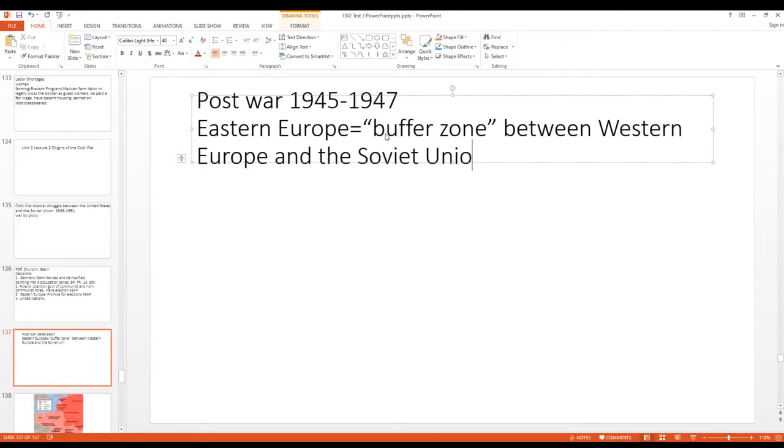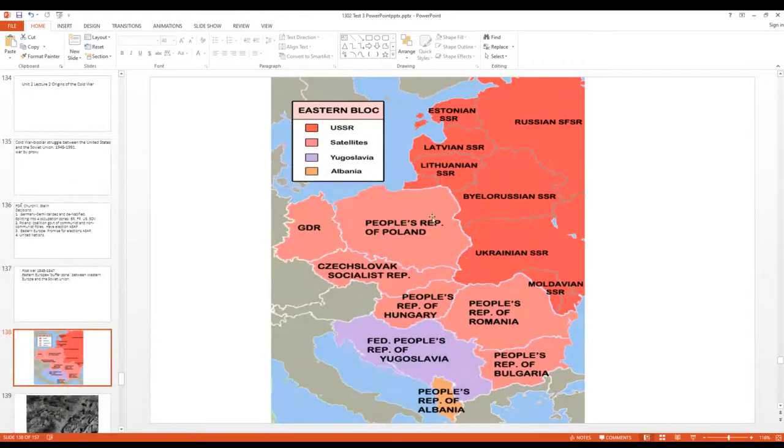and the Soviet Union. Let me go to this next slide. So all of this would be the buffer zone. All of the old actual Soviet Union running through the Baltic states and then through Belarus and the Ukraine, and then these satellites starting in Bulgaria, running up through Romania, Hungary, Czechoslovakia, Poland, East Germany, and then some other allied states, Yugoslavia and Albania.